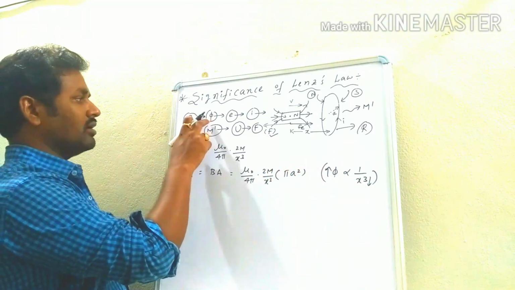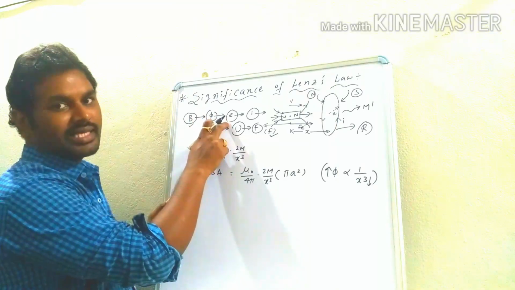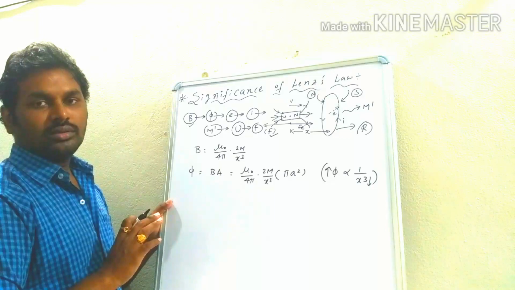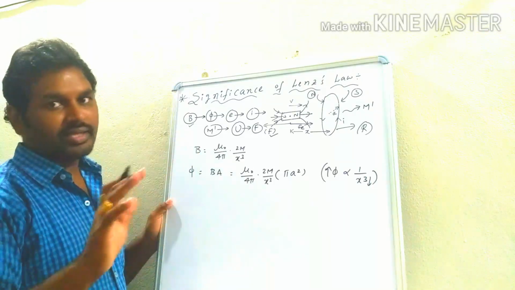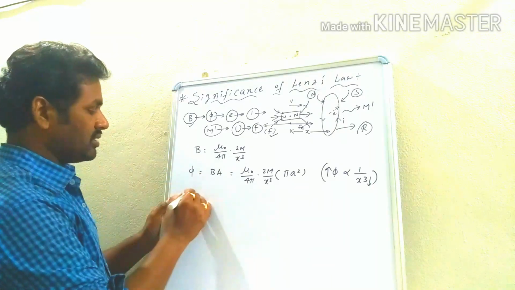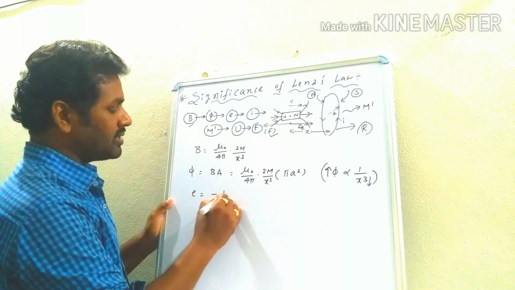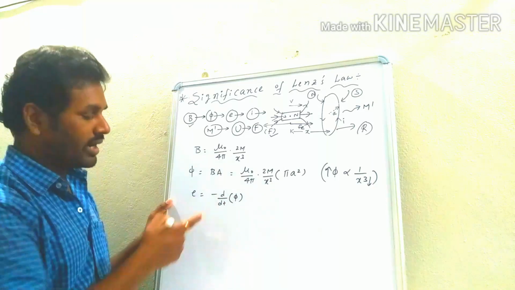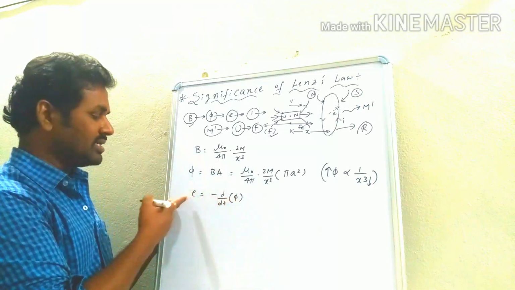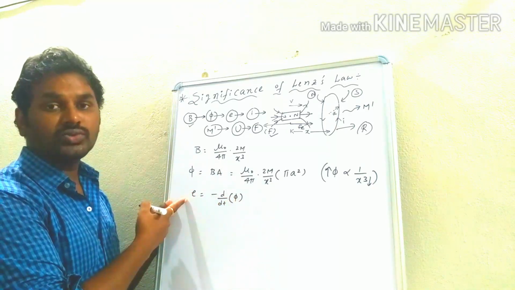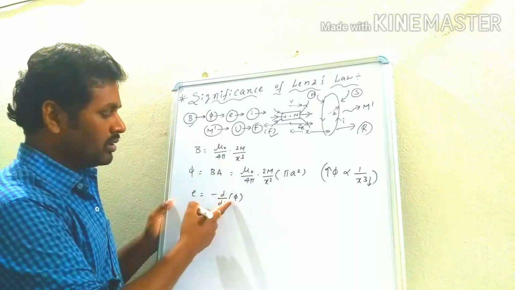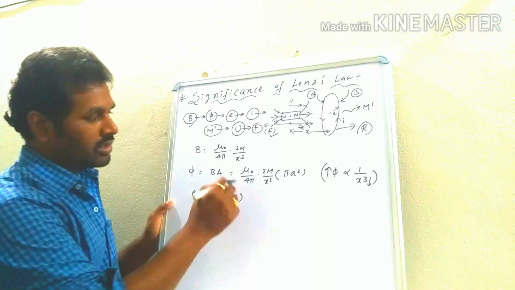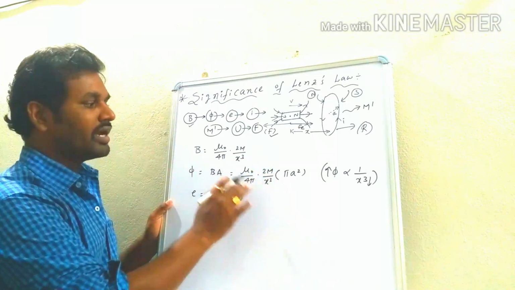So after getting the flux, the next one is the induced EMF in the coil. So we come across Faraday's law, the second law. What is it? E is equal to minus d by dt of flux. The rate of change of magnetic flux is equal to the induced EMF in the coil. So take this entire expression here and the common things will get cancelled.